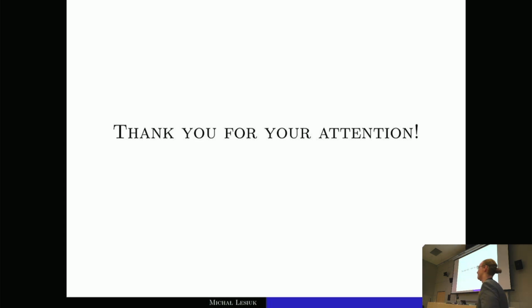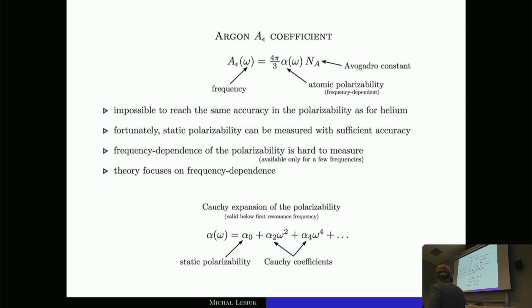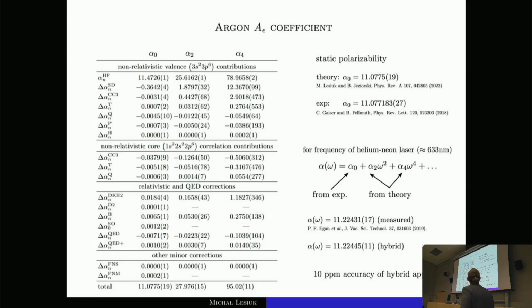The second question. You were showing results for electric polarizability and also magnetic susceptibility for argon. To reach the same level of accuracy for those two properties, do they pose the same challenge, or is there some difference in the calculations of these two properties?